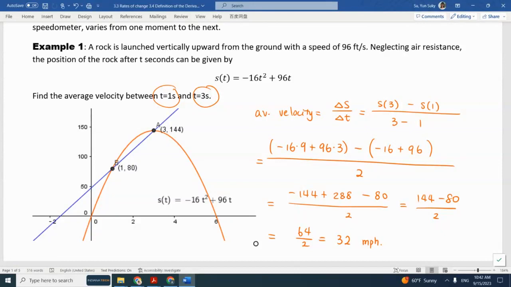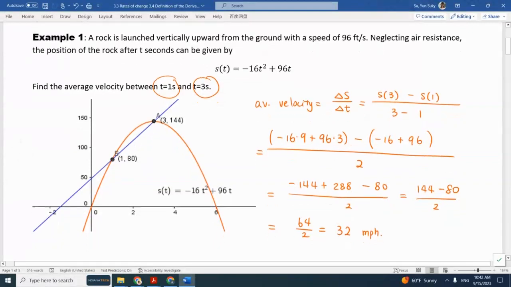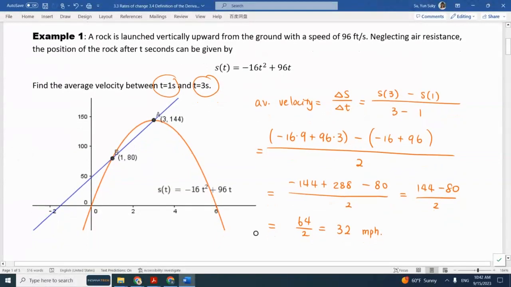Okay, everybody? So I suggest when you do your homework, try not to use your calculator. But if you get an answer, you can use your calculator to check it. But in the process of doing it, try not to use your calculator. Okay. So this is the average velocity. And you can look at the picture.